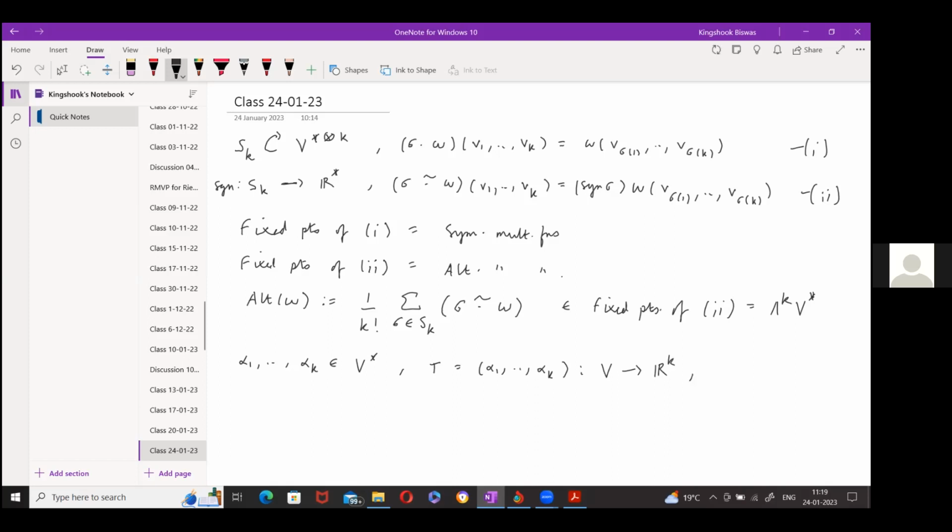And then alpha 1 wedge up to alpha K acting on vectors V1 to Vk, as we've just seen, is equal to the determinant of the matrix TV1 up to TVK.